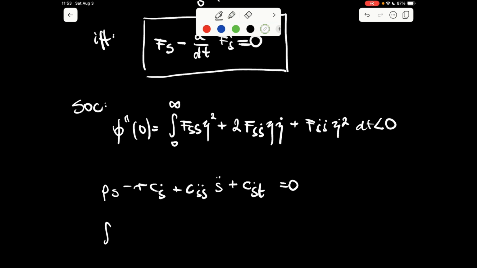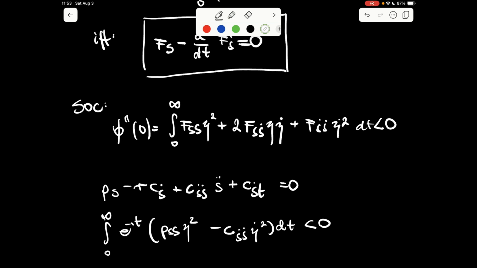And their second equation is negative. So this must be negative: Pss, s dot mu dot.